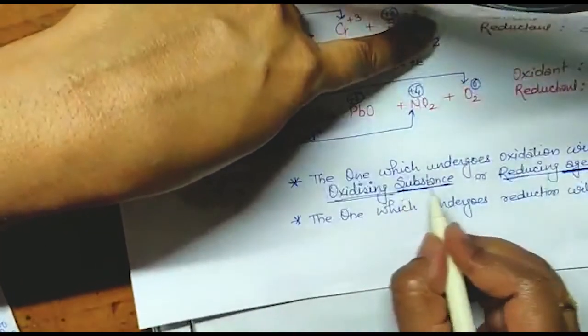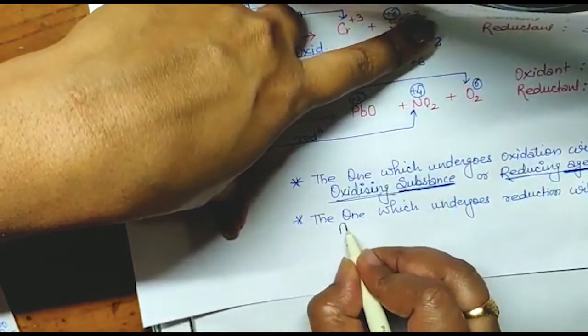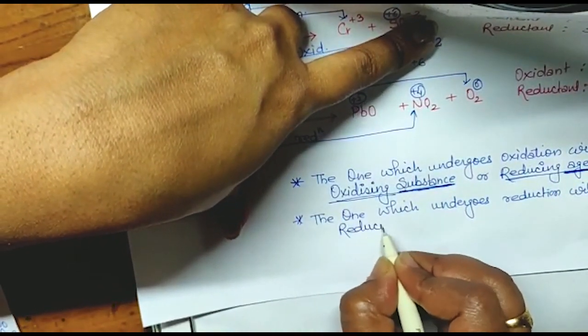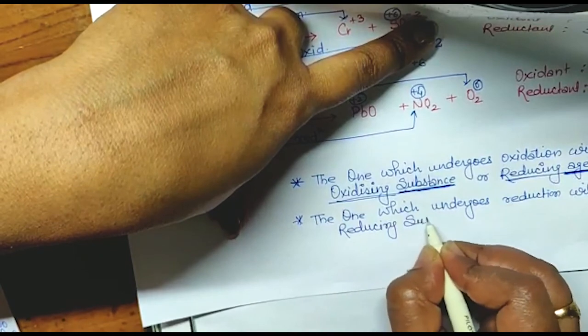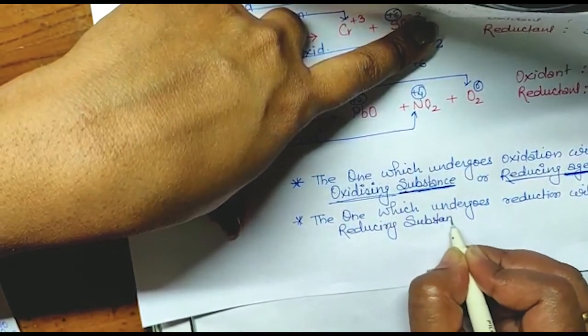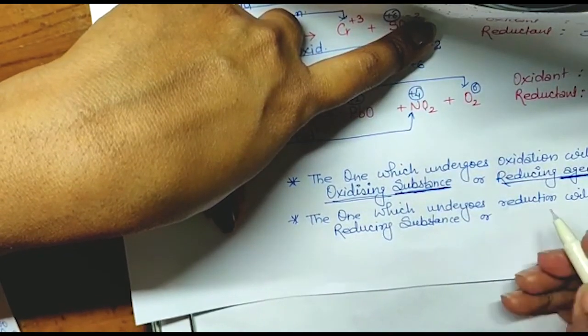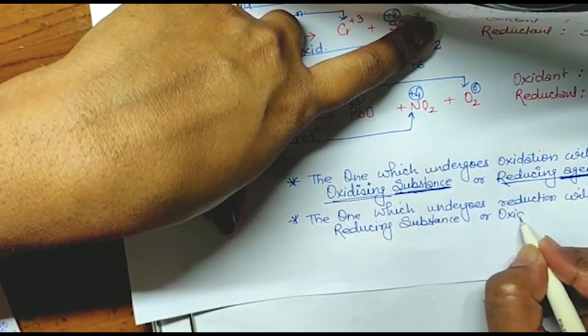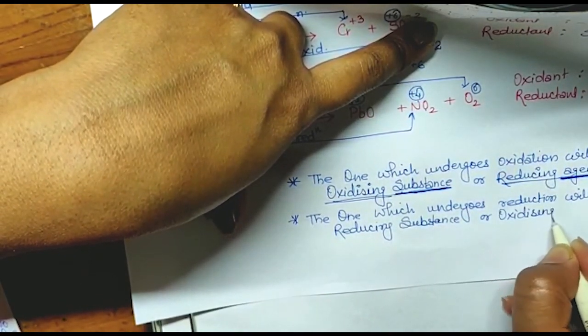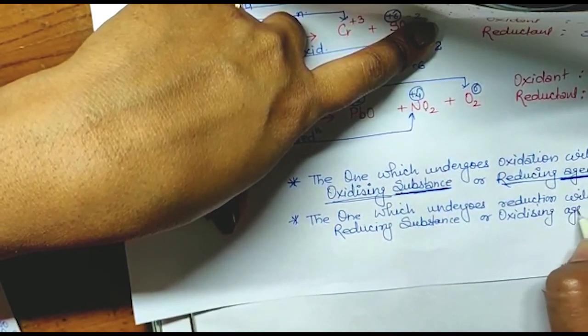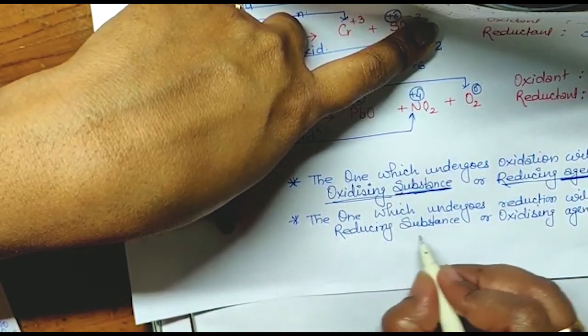Substance. There is a difference. This is substance. Okay. Reducing substance. And the one which is undergoing reduction will also be called the oxidant or oxidizing agent. Oxidizing agent. Just go through this video at least twice.